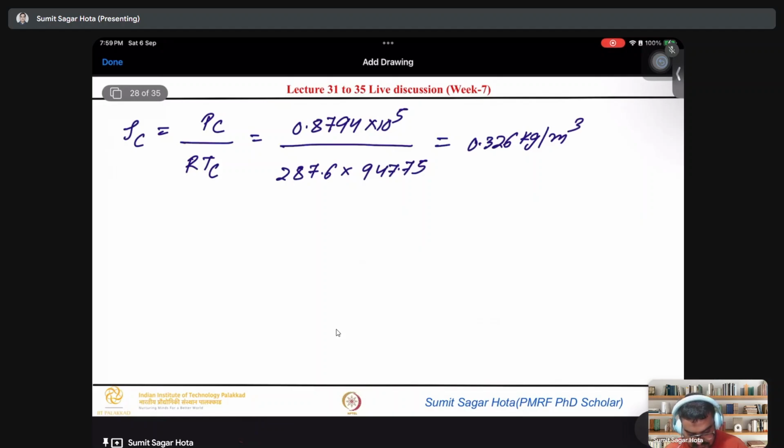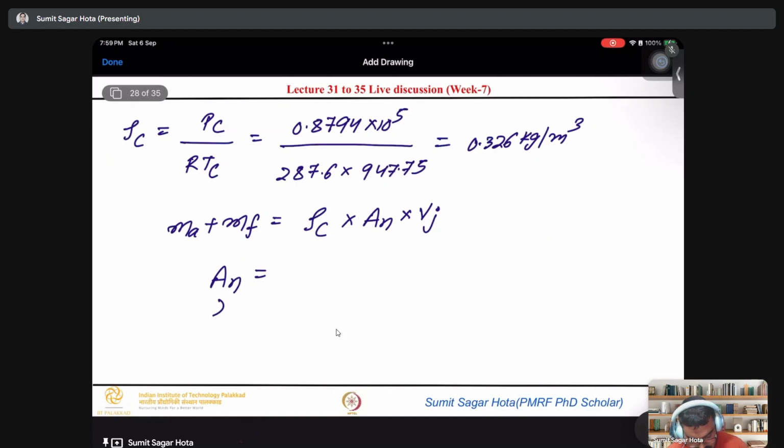You know one thing: Ma plus Mf is equal to rho C into area of the nozzle into Vj. So nozzle area is equal to Ma into 1 plus f divided by rho C into Vj.